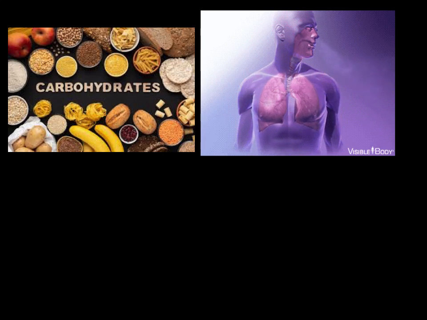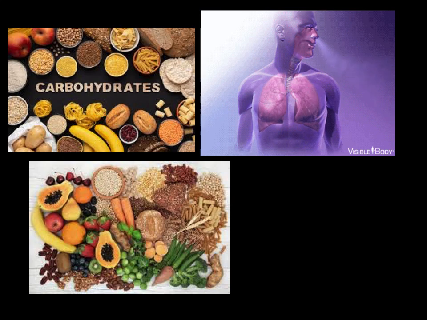In body level respiration, there is exchange of oxygen and carbon dioxide between body and environment. Cellular level respiration is the oxidation of foodstuff inside the cells. Dietary carbohydrates are utilized for production of energy in the form of ATP.